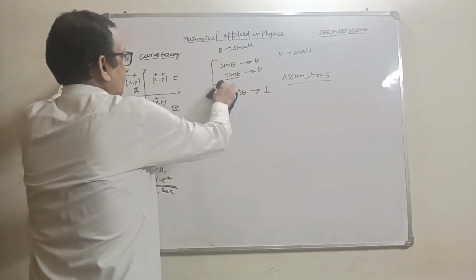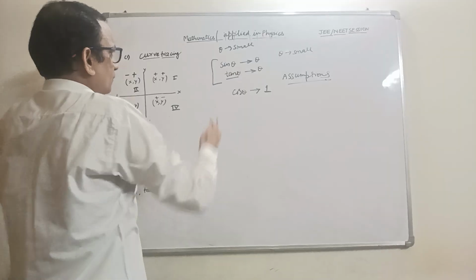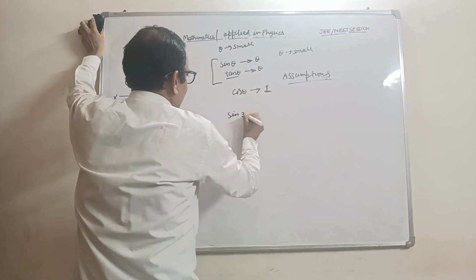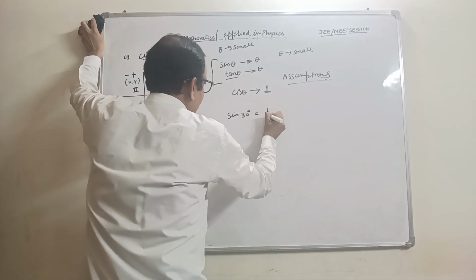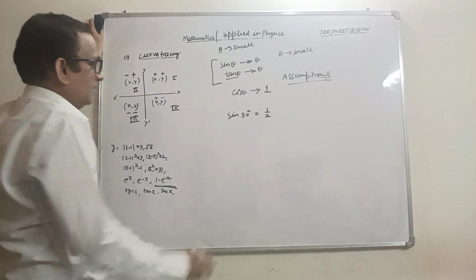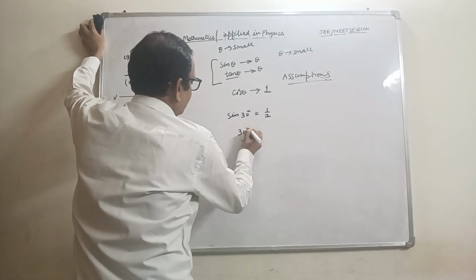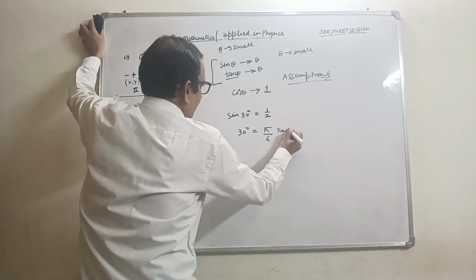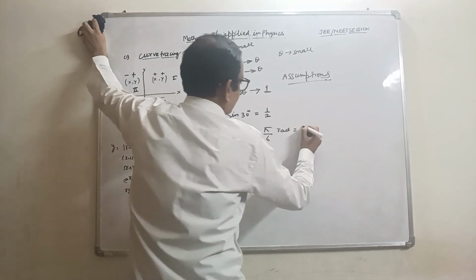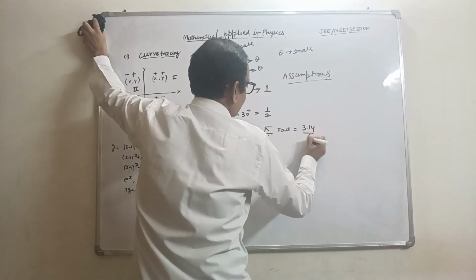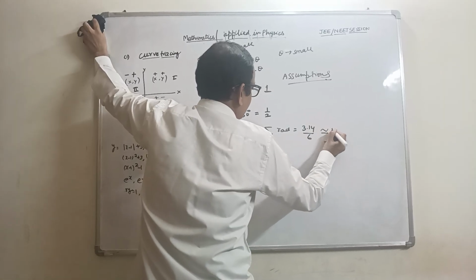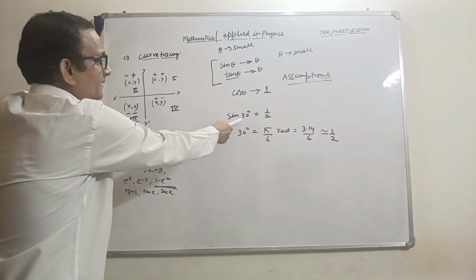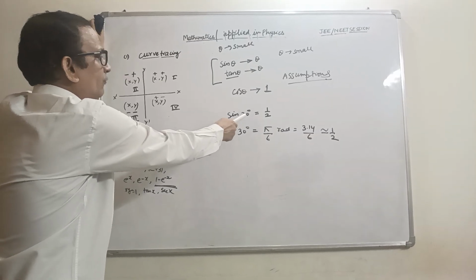Cos theta is equal to 1, and sin theta is theta. You can also see that the value of sin 30 degree is 1 by 2, and 30 degree would be written as pi by 6 radian. The value of pi is 3.14, divided by 6, which is approximately 1 by 2. This angle is very big in comparison to 5 degree or 4 degree.